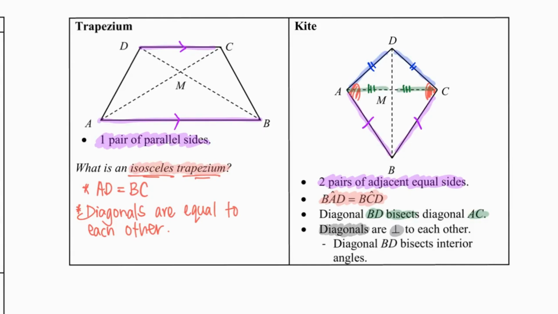Okay, 90 degree, 90 degree, 90 degree, 90 degree, and diagonal BD bisects the interior angle, only diagonal BD. So this also means that only diagonal BD bisects the interior angles. That means this angle and this angle same. This angle and this angle same.